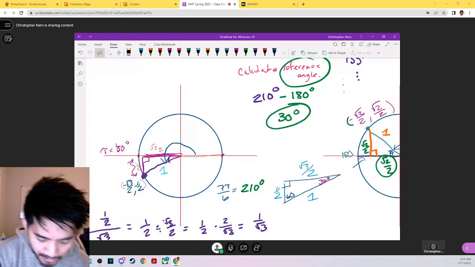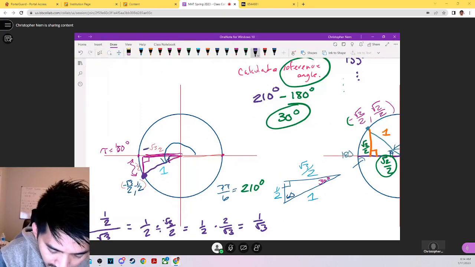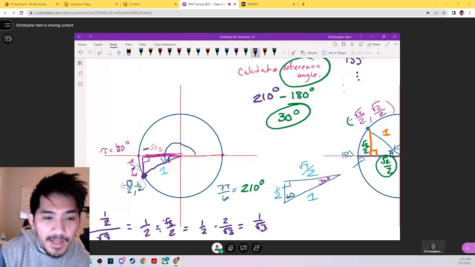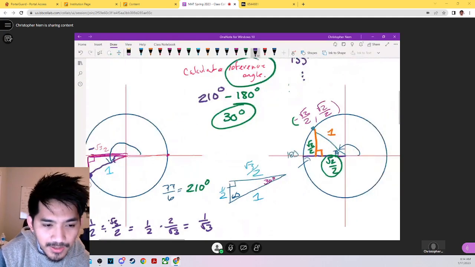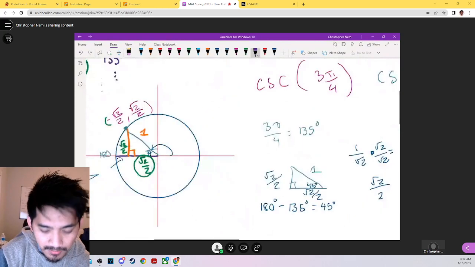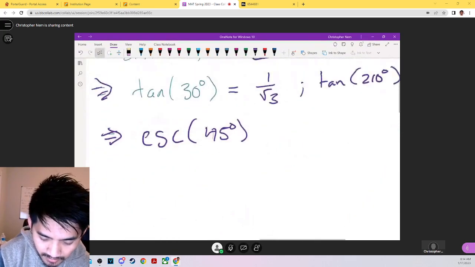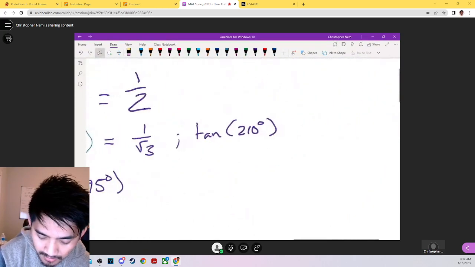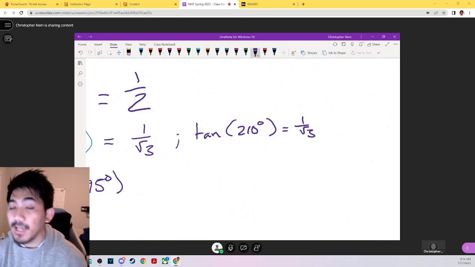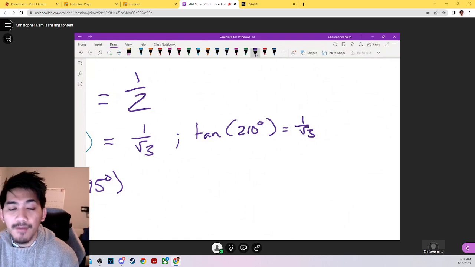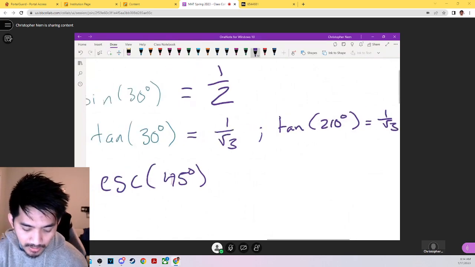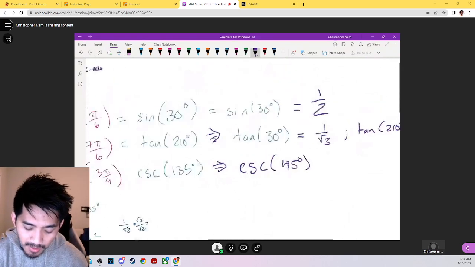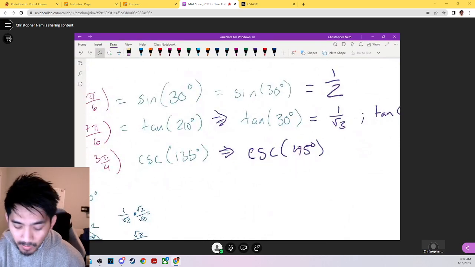If we choose these as negative values, this is negative over negative. We divide a negative over a negative, which actually gives me a positive. So, in this case, it does turn into 1 over square root 3. But it could be negative 1 over square root 3. You have to check your ratios. It could be negative, it could be positive, and you'll see it happen on the cosecant one.